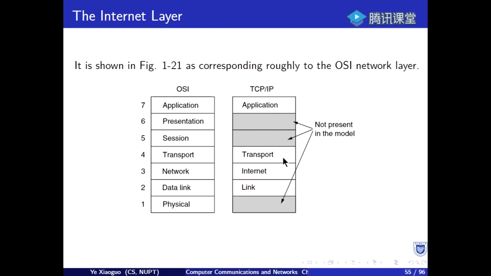We have four layers in TCP/IP: link layer, internet layer, transport layer, application layer. But the physical layer, session layer, and presentation layer are not present in the TCP/IP model, right? So this is the difference between the OSI reference model and the TCP/IP reference model.